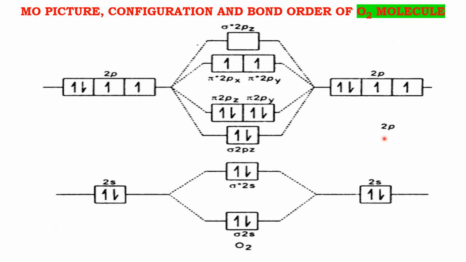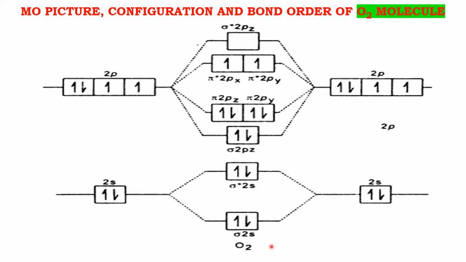This change in molecular orbital pattern is observed from oxygen molecule to higher molecules. So up to nitrogen there is a different configuration, and from oxygen to fluorine or higher molecules the configuration is changing in the 2p orbitals.